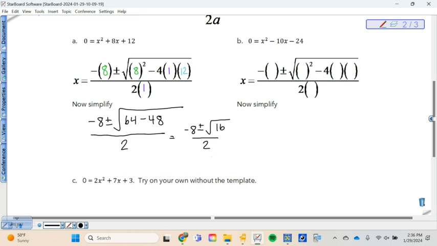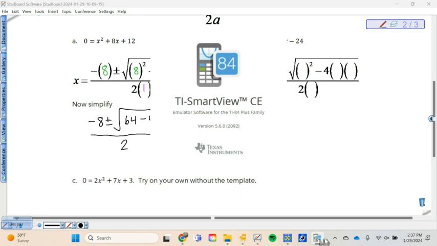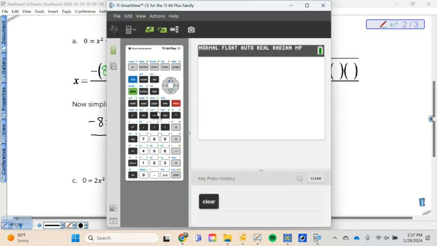What's the square root of 16? 4, 4 times 4. On your calculator, you do second and then the squared button. Want me to show you? So you do this. Second, squared, and then 16.